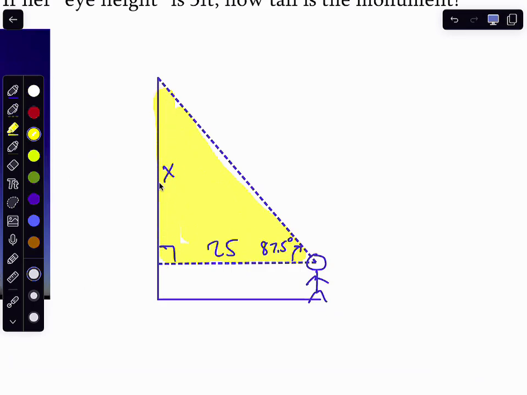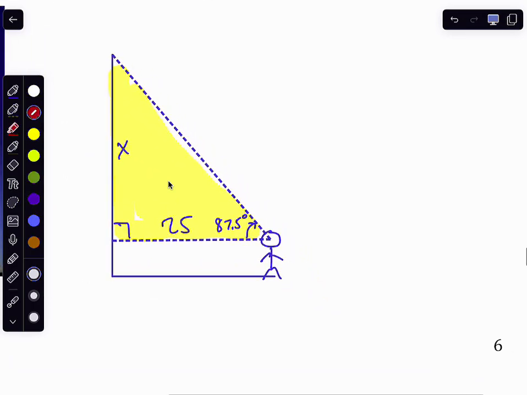This number is going to be really large. The way I drew it, it might look like it's about equal to this, but this angle is about 2.5, and this angle is 87.5, so this number should be way bigger than 25, because that angle is much bigger. All right, so let's do some right triangle trigonometry.